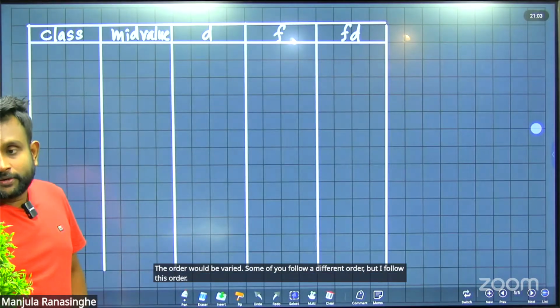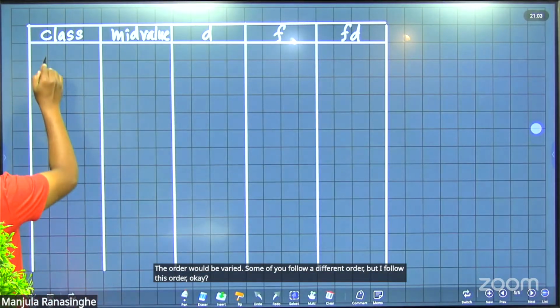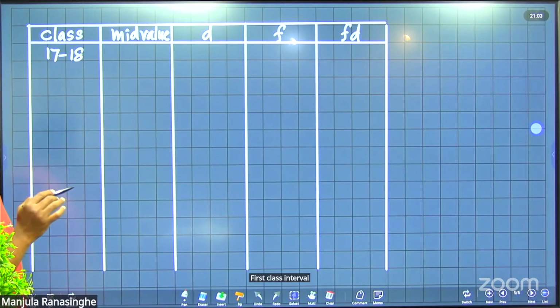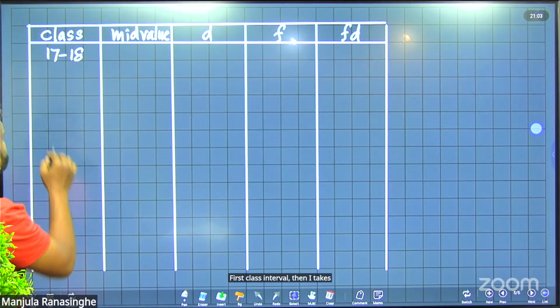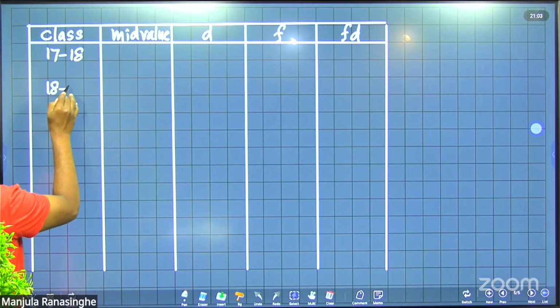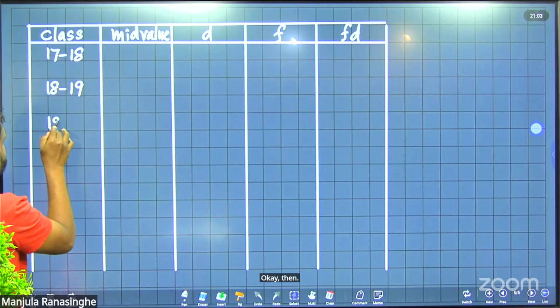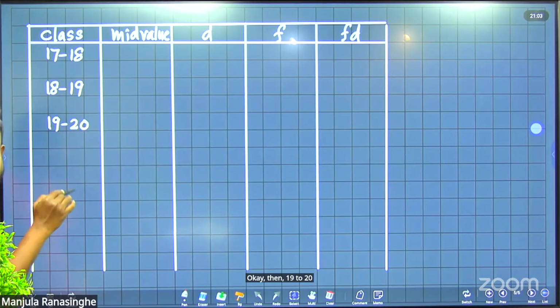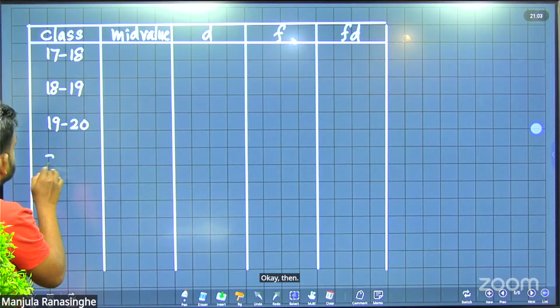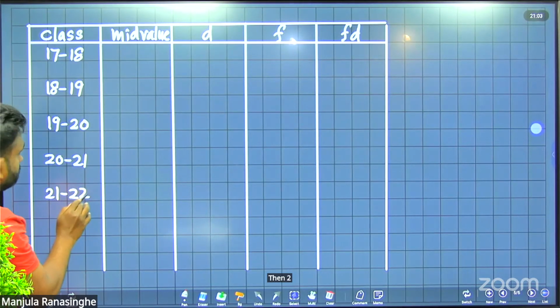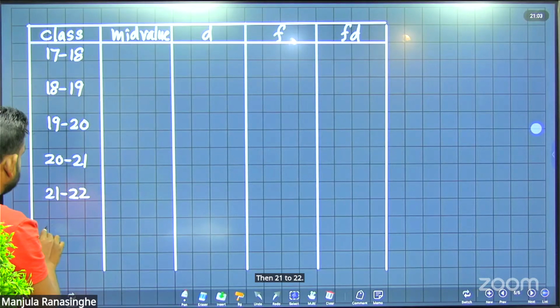Okay, 17 to 18 is the first class interval, then 18 to 19, then 19 to 20, then 20 to 21, then 21 to 22, then 22 to 23.